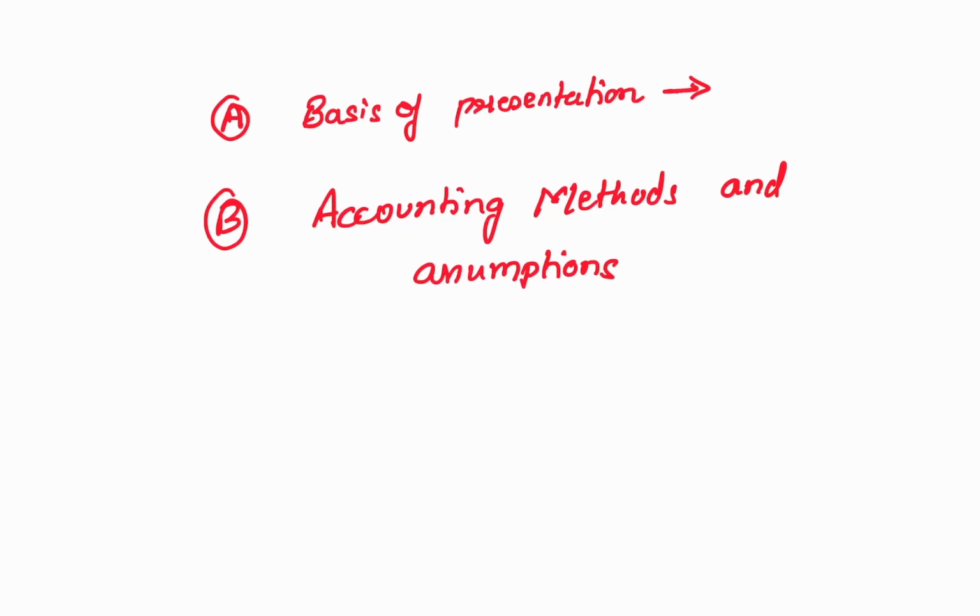Whether you have used FIFO, first in first out, or have you used LIFO, that is last in first out? Clear? Or what is the useful life of the machinery they have assumed, whether it is 5 years, 10 years? So all the rules, methods, assumptions, everything will be included in your footnotes. Clear?